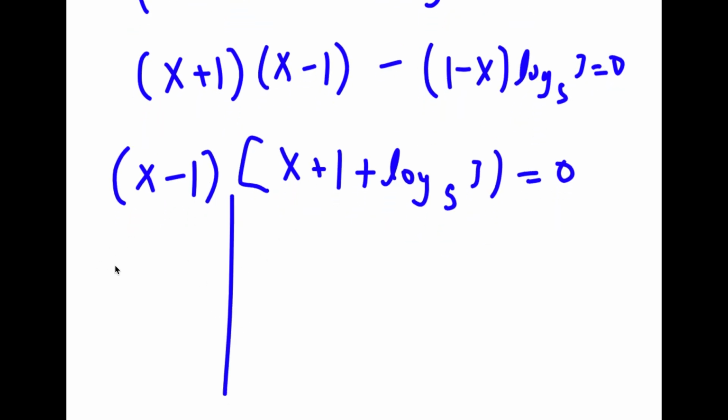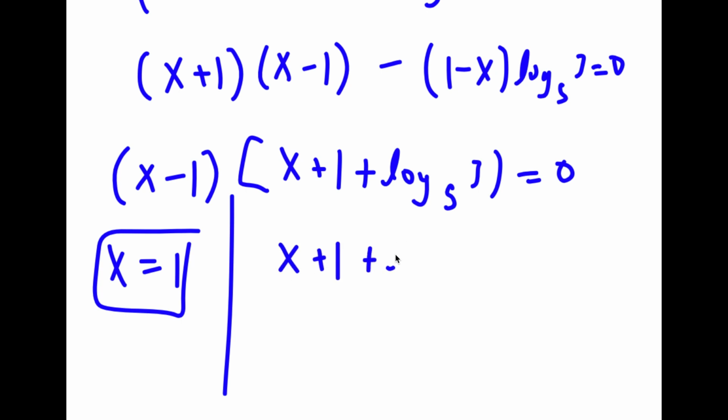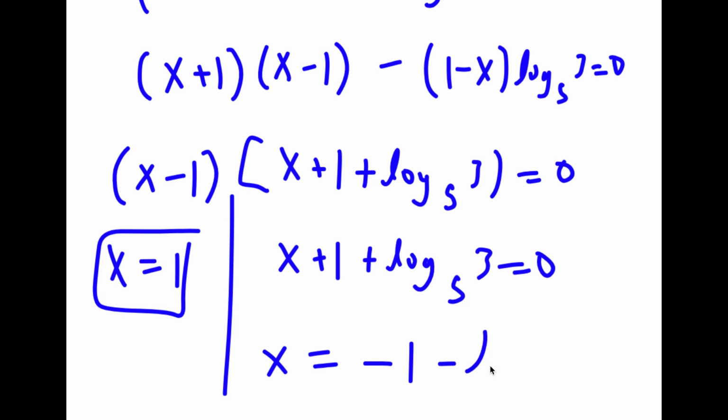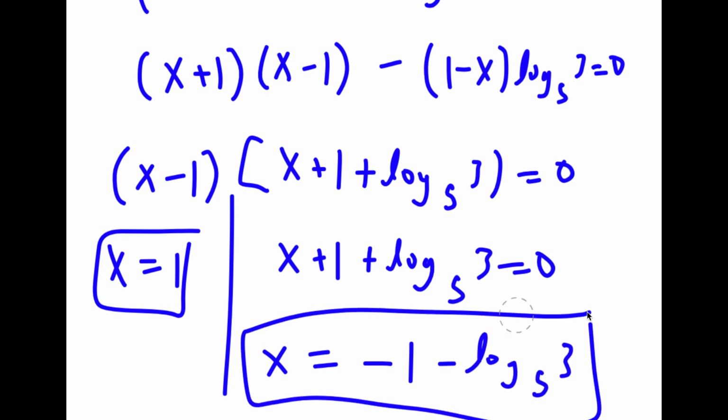I have x minus 1 equals 0, meaning x is equal to 1, and I have x plus 1 plus log base 5 of 3 is equal to 0, which means that x is equal to negative 1 minus log base 5 of 3. So these are my two solutions.